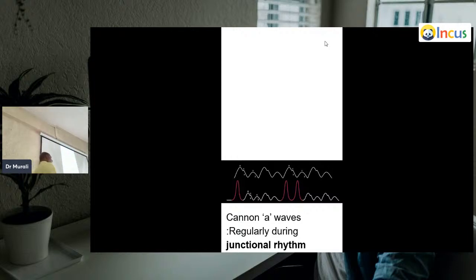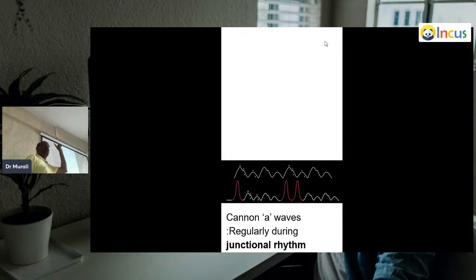But if the AV node itself takes up the pacemaker activity, then it need not wait for the SA node. Directly it will make the ventricle beat according to its own rule. And the atria beat by the, who is the boss for atria? SA node. For ventricles, who is the boss? AV node. Because of that, there is no coordination.